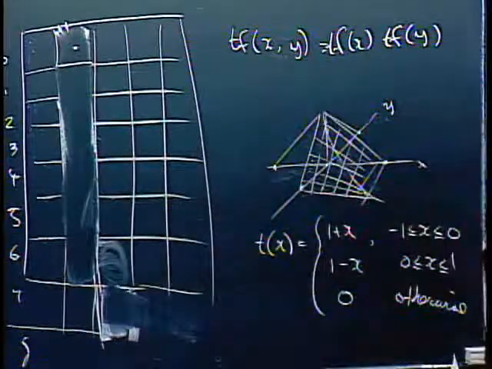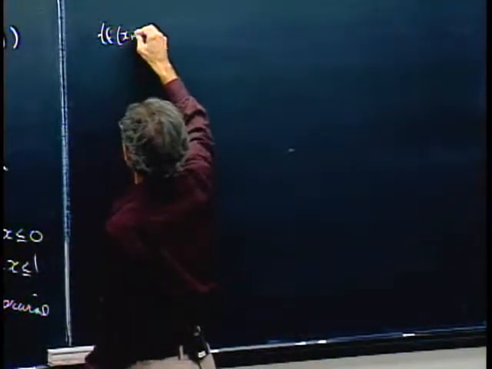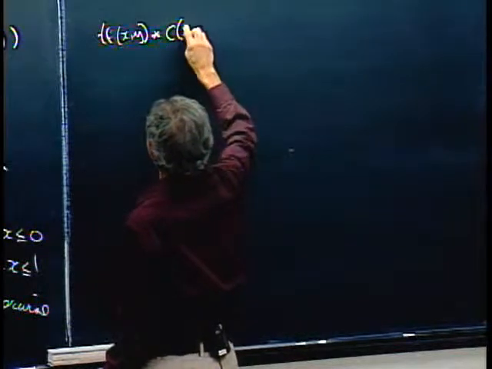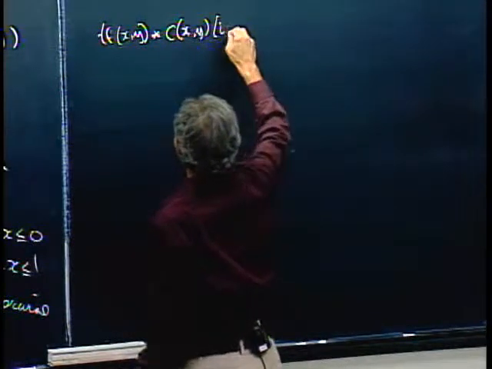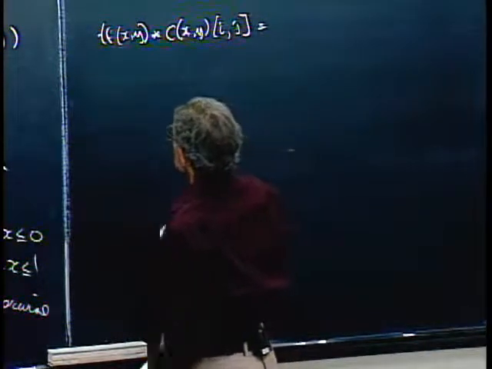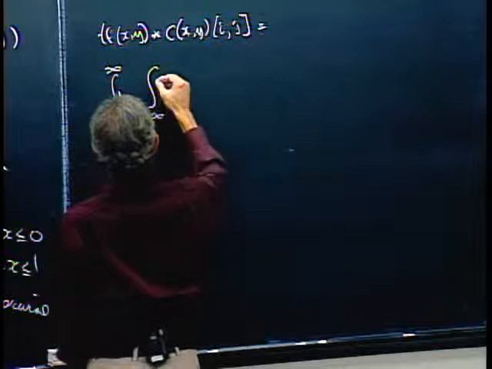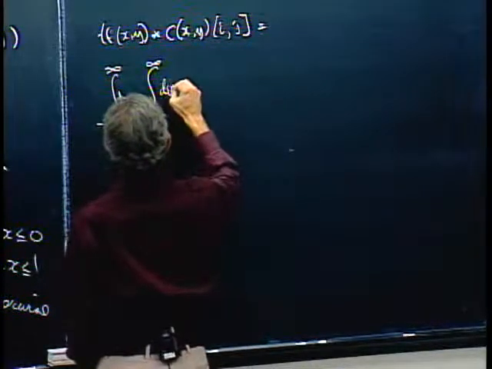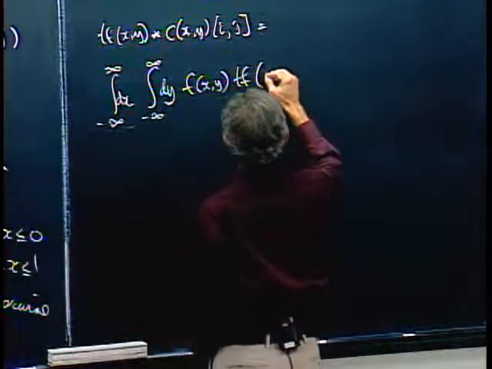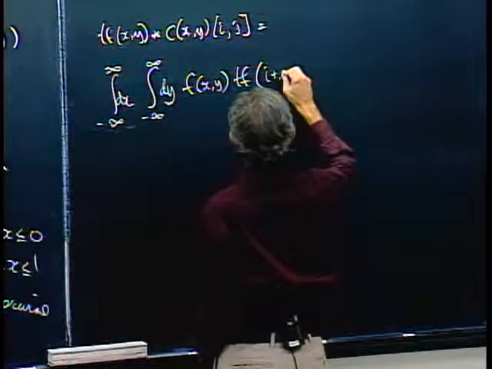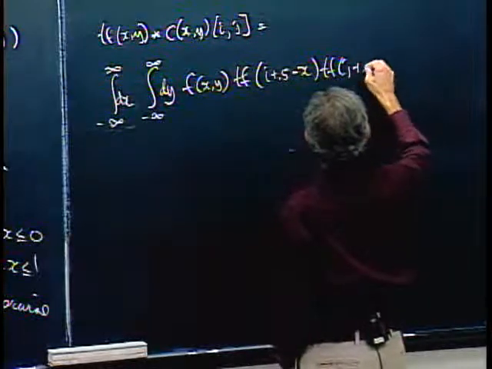Which means that this convolution of f(x, y) with the tent filter, evaluated at pixel i, j, is the integral from -∞ to infinity dx, integral from -∞ to infinity dy, f of x, y, tent filter of i plus 0.5 minus x, tent filter of j plus 0.5 minus y.